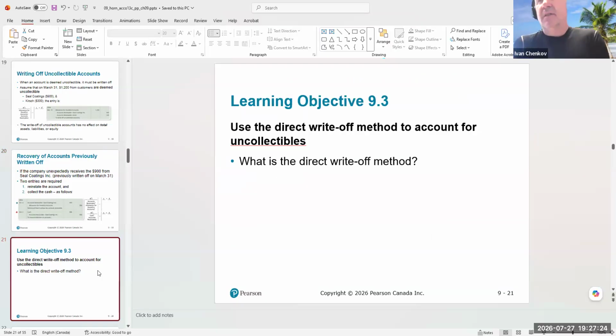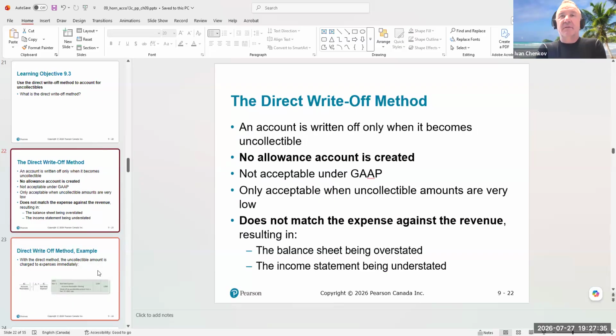Can we, instead of going through the allowance for doubtful accounts, directly write off? Technically we can, but in reality nobody's doing it. Why? Because it's not acceptable under generally accepted accounting principles. We're not creating any allowance account, and that doesn't make financial statements very useful.